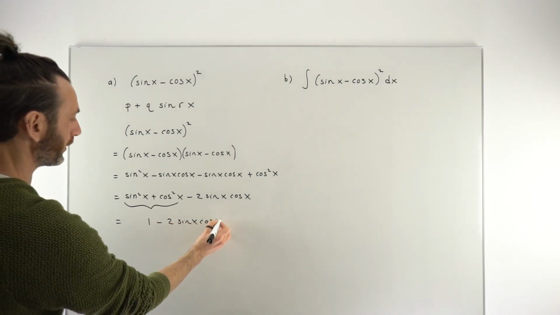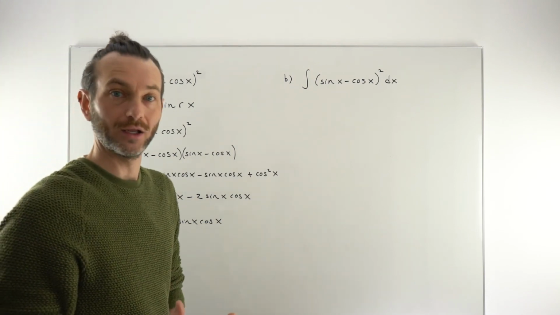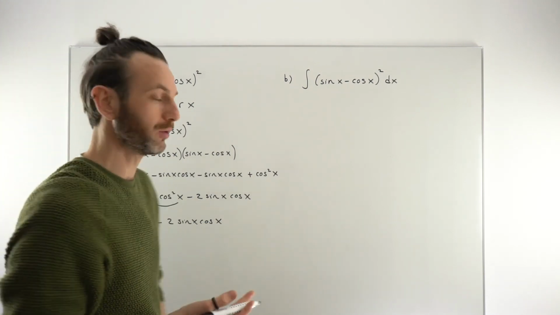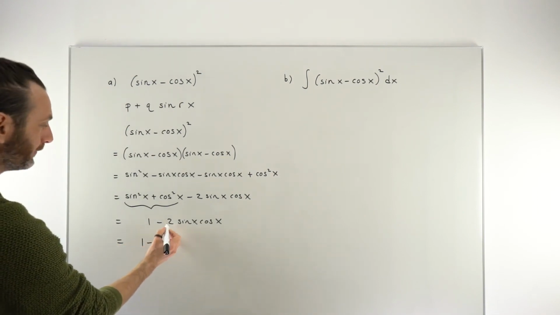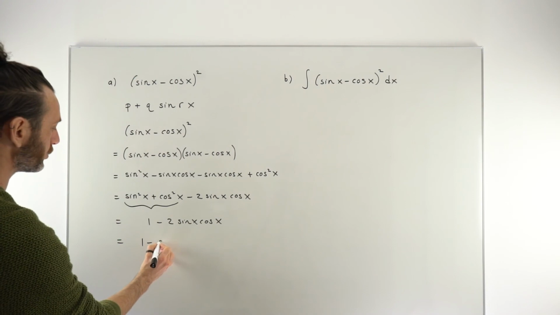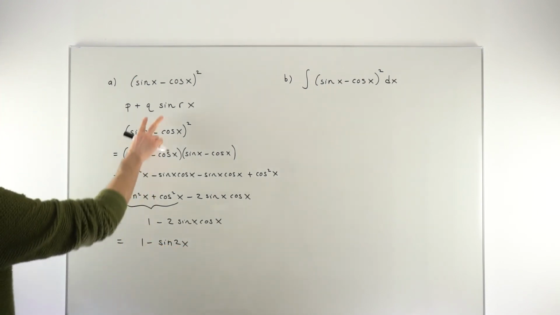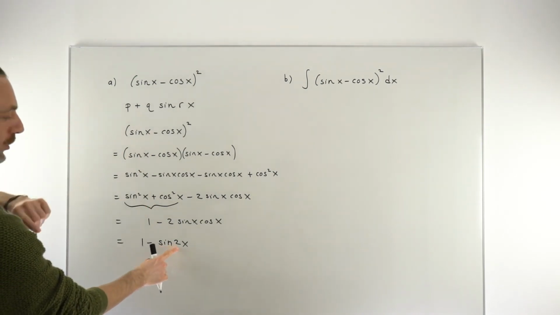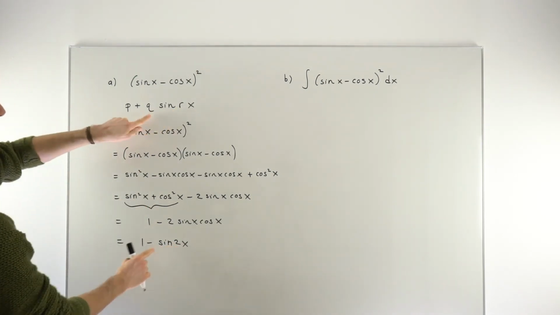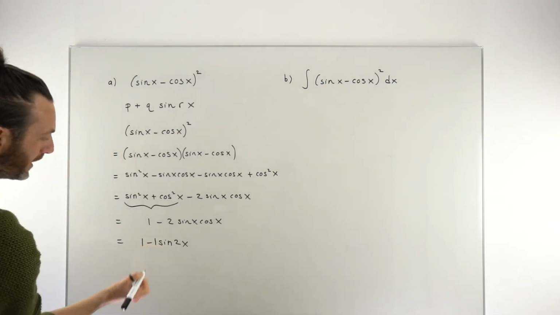If you look on the formula sheet though, 2 sine x cos x is just sine 2x, or it's written with a's on the formula sheet, but 2x. So this just becomes 1 minus this whole thing here is just sine 2x. So looking at the form we were asked for, you can see that the 1 is playing the role of p, the 2 is playing the role of r, the q is a little bit less obvious, but this is basically the number minus 1 in here.